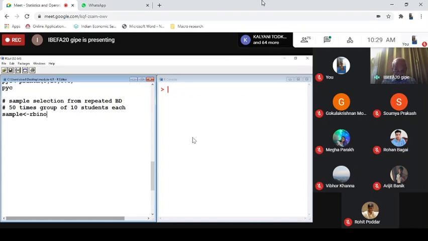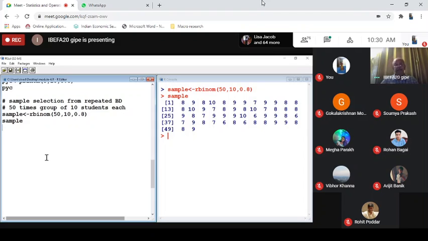Or binomial 50, 10, 0.8. Let's see how many. In the first group, 8 have improvement possible in my sample. In the second, it is 9 and so on. In the 50th, it is 9.